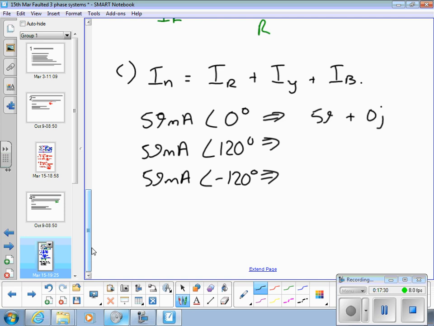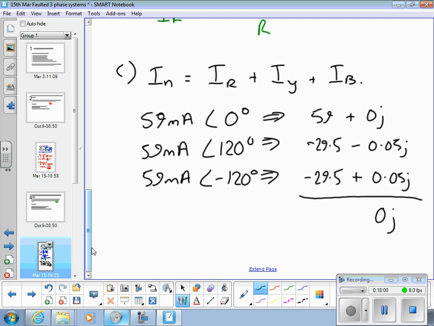So it's 29.5 minus 29.5, minus 29.5, 0.05J. Those cancel out to 0J, and those cancel out to 0.